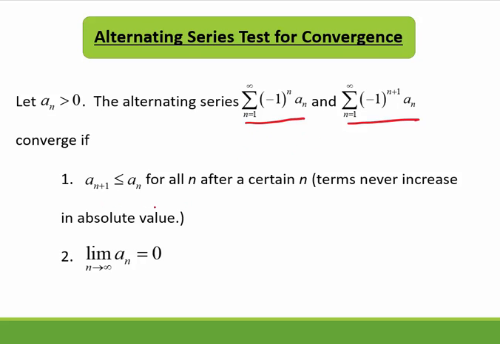And each term is progressively getting smaller. You're going to converge if each term is progressively getting smaller and the limit of the function goes to 0.